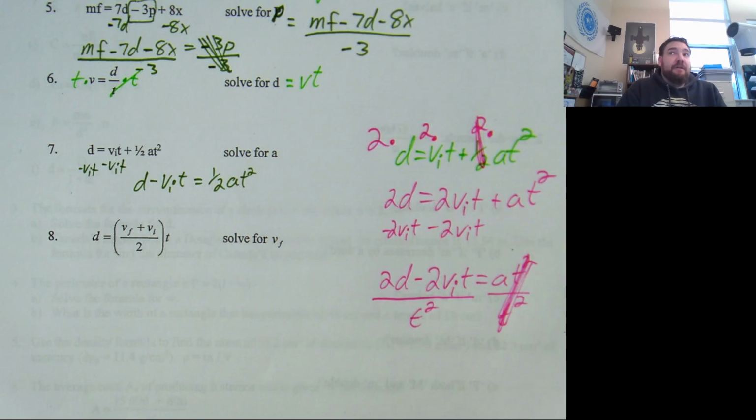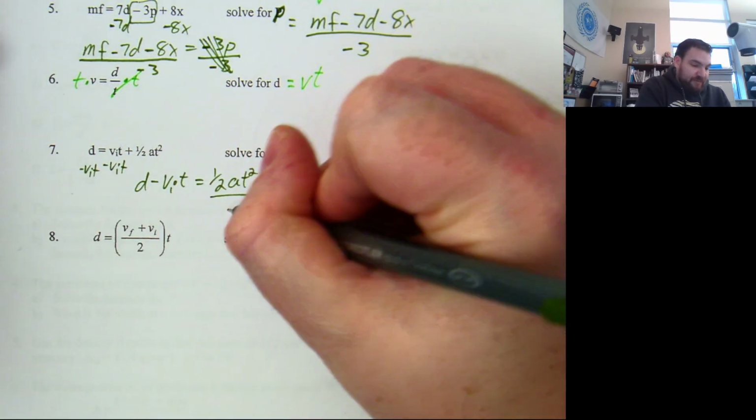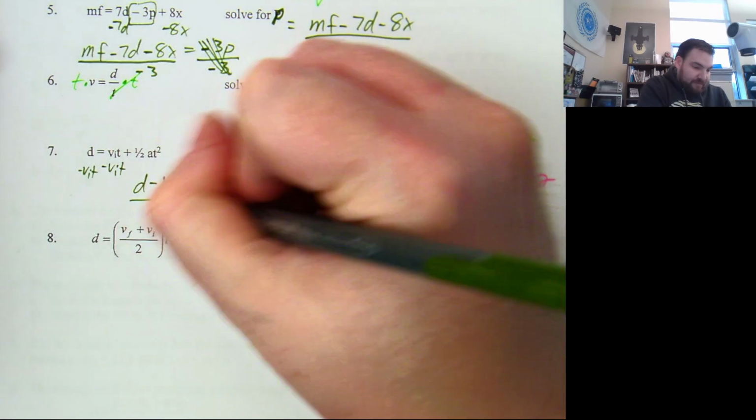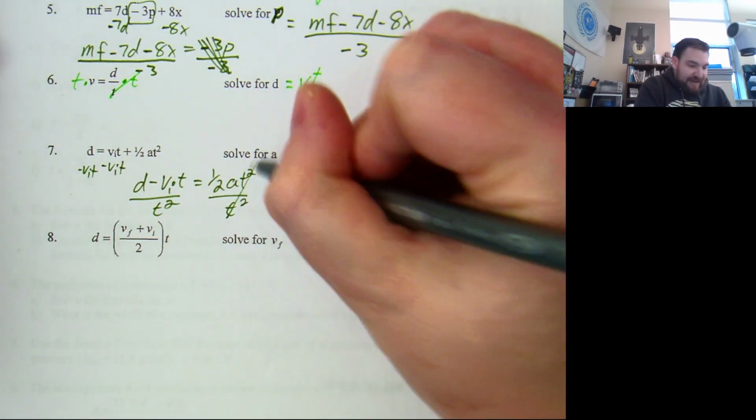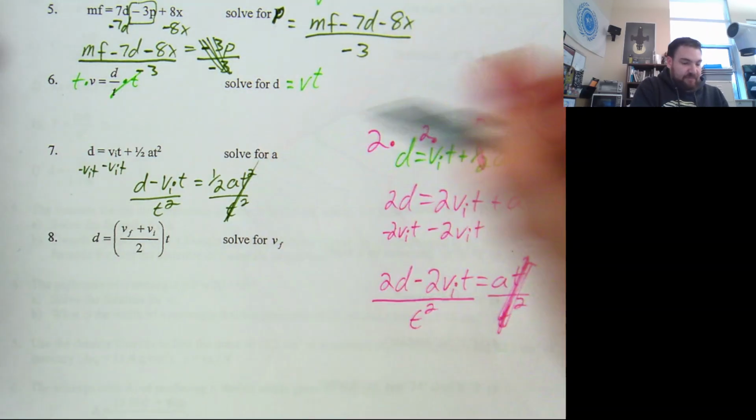And then to get the a by itself, what can we do? Divide by t squared. And now I've got the half to deal with.